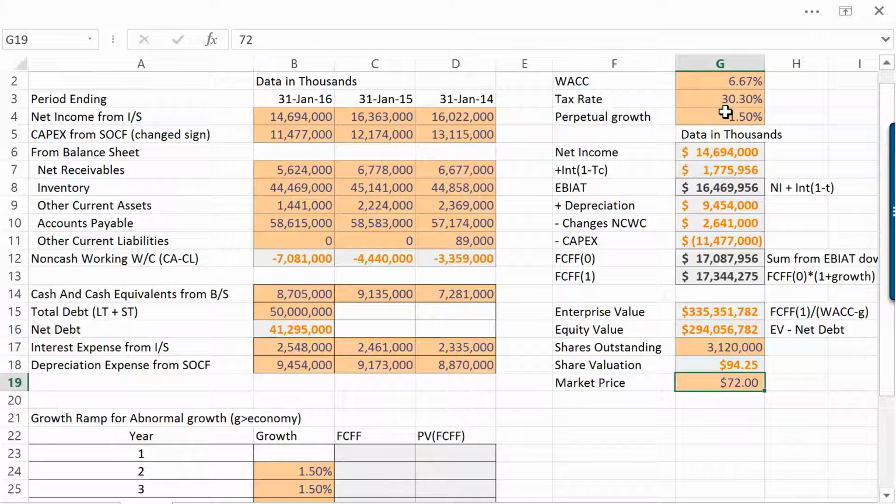Or I'll just buy it for that $72 and earn all those cash flows and earn a positive NPV for a stock investment. So this is how we can use free cash flows to the firm and WACC to value enterprise value, back out net debt to get to equity value, divide by number of shares, and now you've valued Walmart.